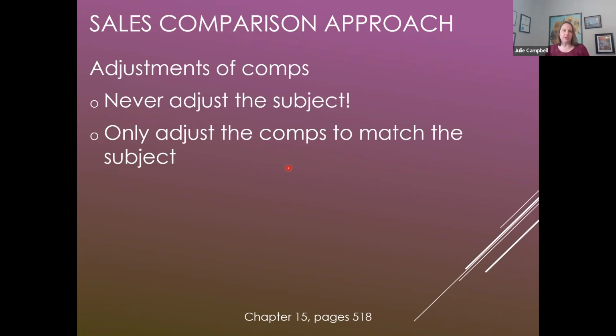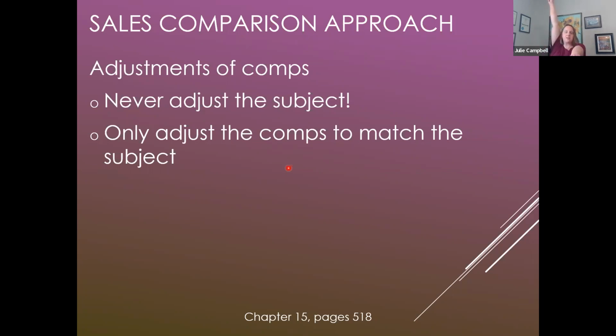So there's a little hand trick that will get you guys through your homework assignment, because that's what you're going to have to do for your homework assignment and your test. They will tell you the values. They will tell you how much a bedroom's going for, a fireplace, a bathroom, whatever it is that they want you to adjust. What you guys need to know, never ever adjust a subject, and you always adjust the comps to match the subject.